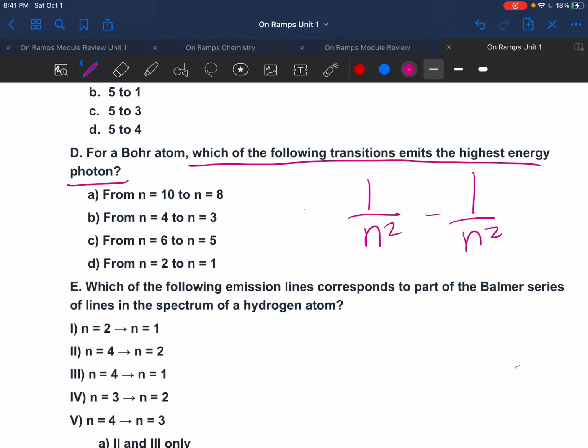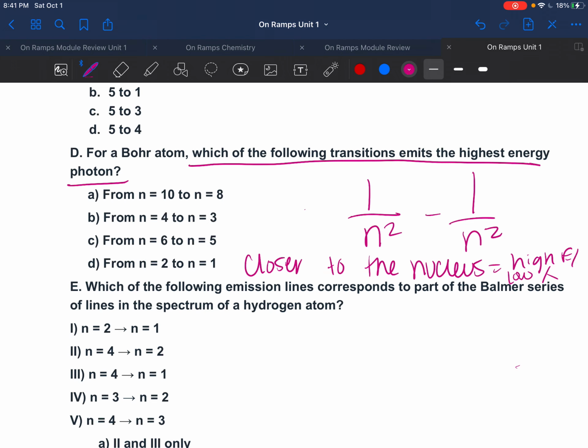You technically don't have to do all this math because, as I said before, when you get closer to the nucleus, which are low numbers, you have high energy. But high energy means low wavelength.